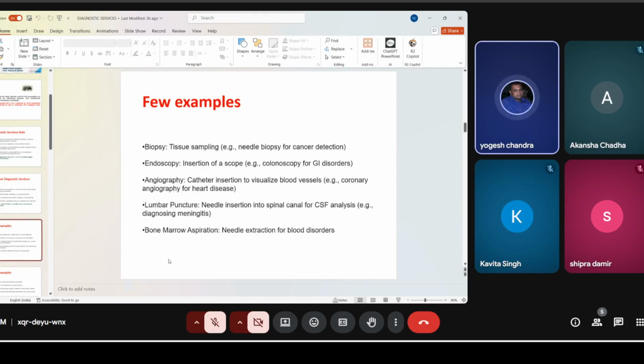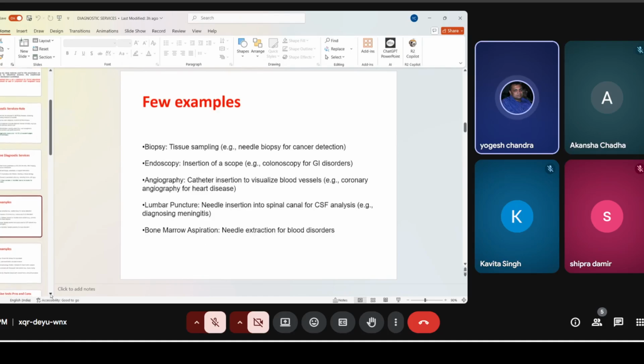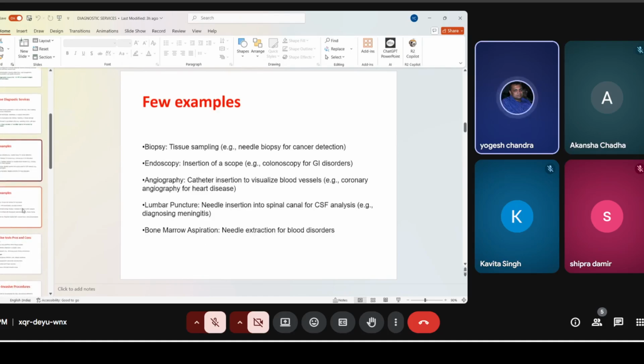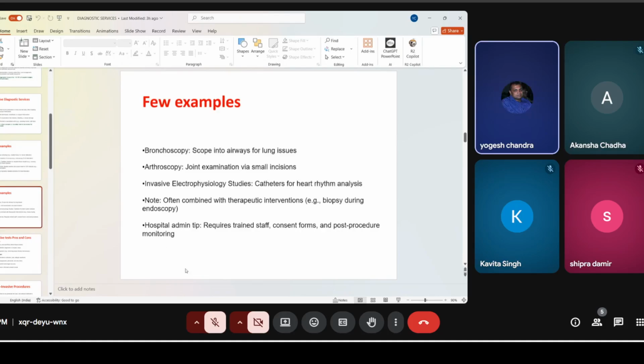Again, this is piercing: a needle is inserted into the spinal canal for the CSF fluid, and by taking the CSF, we investigate and try to correlate the symptoms with the findings of this sample. Bone marrow aspiration is also needed to diagnose bone cancer or distant metastasis of cancer.